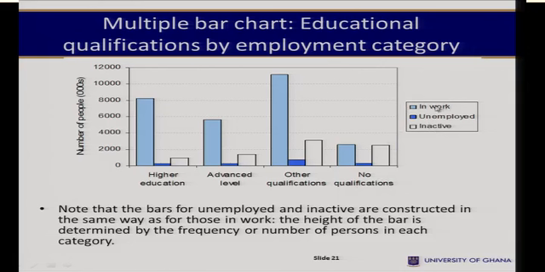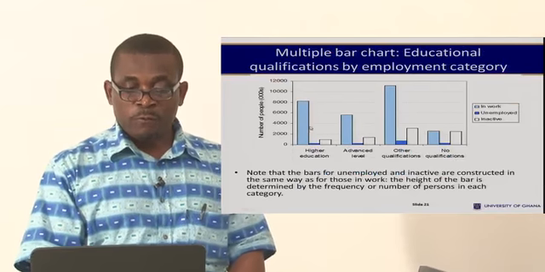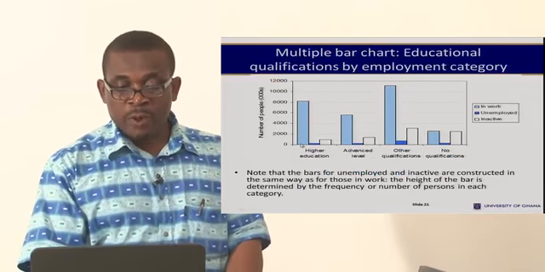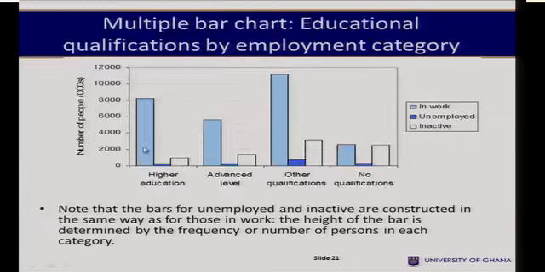Either you are in work, you are unemployed, or you are inactive. So for those in higher education, we have three bars. The first one representing those who are in work. The second one, this deeper blue, showing those who are unemployed. And the third one, which is in white, those who are inactive.